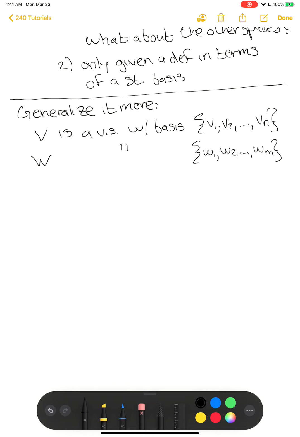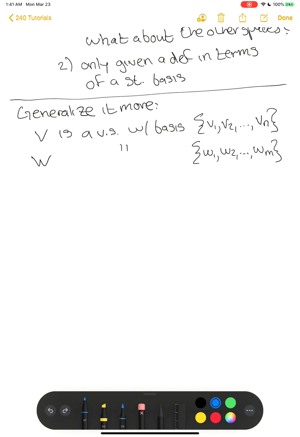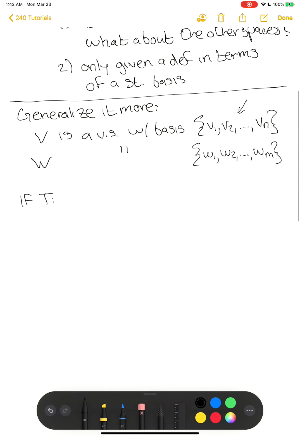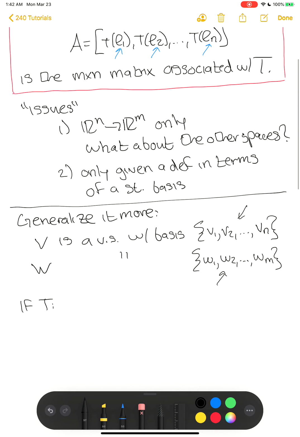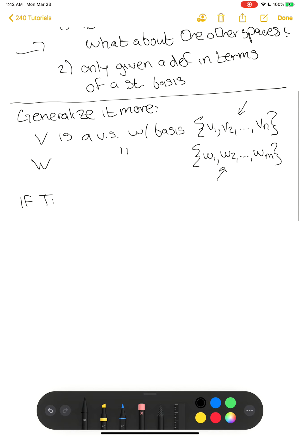Notice here that n and m don't necessarily have to be the same size, so I've preserved the concept that they can be different sizes, which is good. I should also mention that these are just arbitrary basis vectors, so it's not necessarily the standard basis that I've defined for V and W. So everything that we had a problem with so far up here is taken care of, but what we end up with then is something a little scarier.